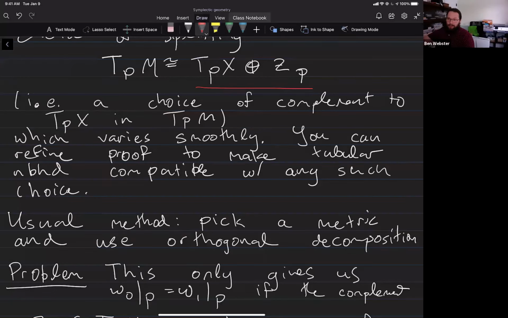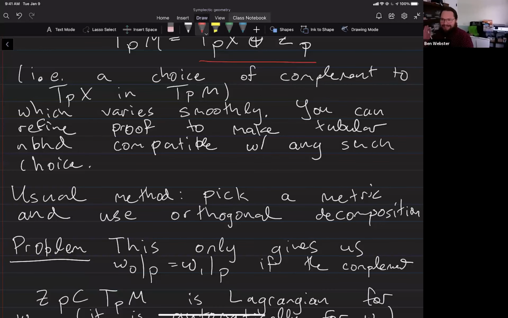If you look at a usual proof, they will use the splitting that comes from a Riemannian metric, but if you choose a different complement, you can still make it work. Again, it's basically the inverse function theorem: you can construct a map from the normal bundle that matches the splitting you want. The derivative is going to be an isomorphism on X, and so the map has to be a diffeomorphism on a neighborhood.